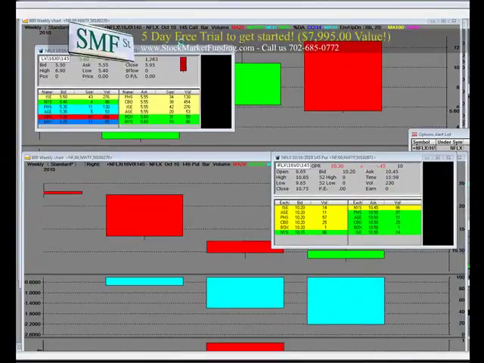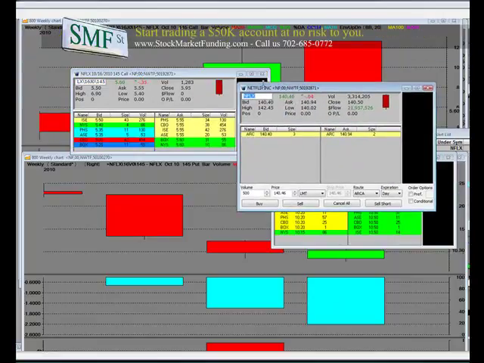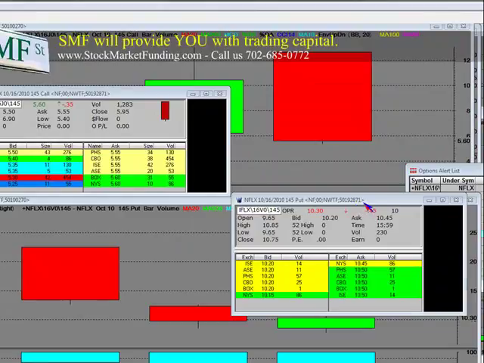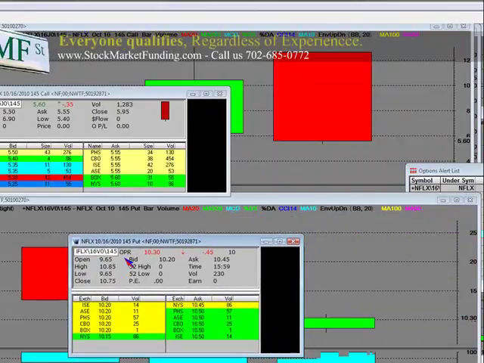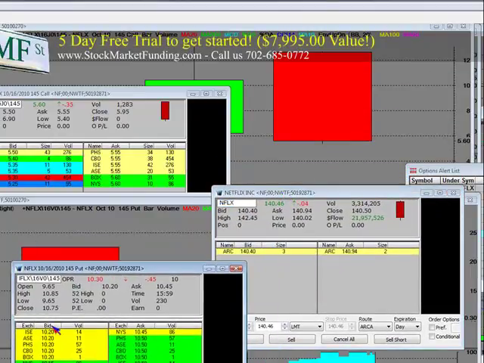MMTs, right now, we are on the 145 call, which just so happens to be $5 above the money because we closed at 140.46. Now, on the other hand, the 145 put, we closed at 140 here. So this is an in the money put option because we closed at 140.